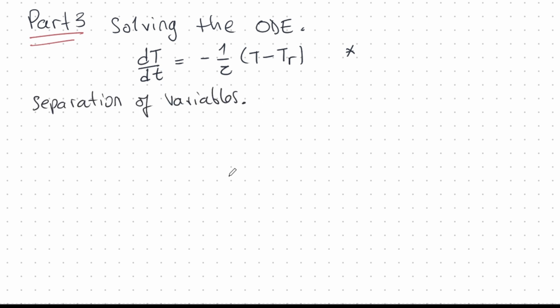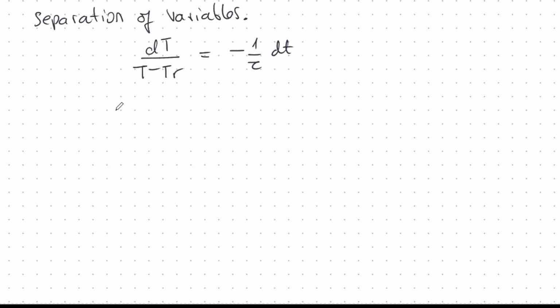The technique will be separation of variables. So let's separate the variables: dT over (T minus T_R), and I take the little dt to the other side, minus 1 over tau dt. Great. Variables are separated. So now let's integrate both sides.